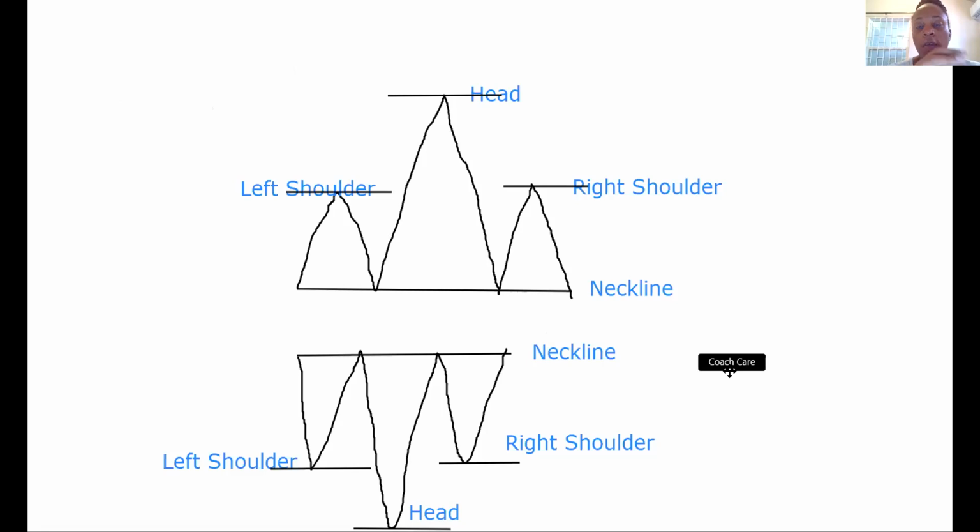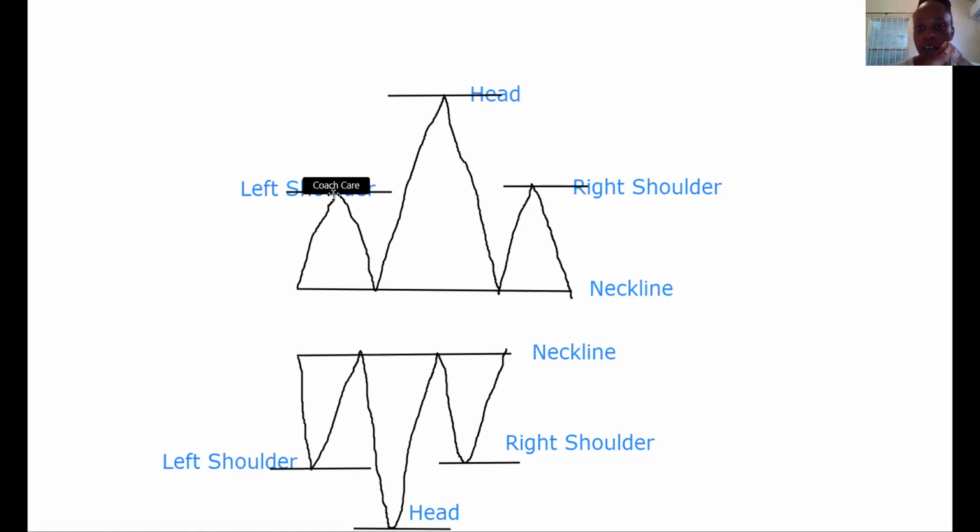So now the right shoulder of the head and shoulder pattern in most cases meets the resistance of the left shoulder of the head and shoulder pattern. So most times the right shoulder will reverse at the resistance of the left shoulder. Obviously, sometimes this changes depending on market manipulation and so forth.